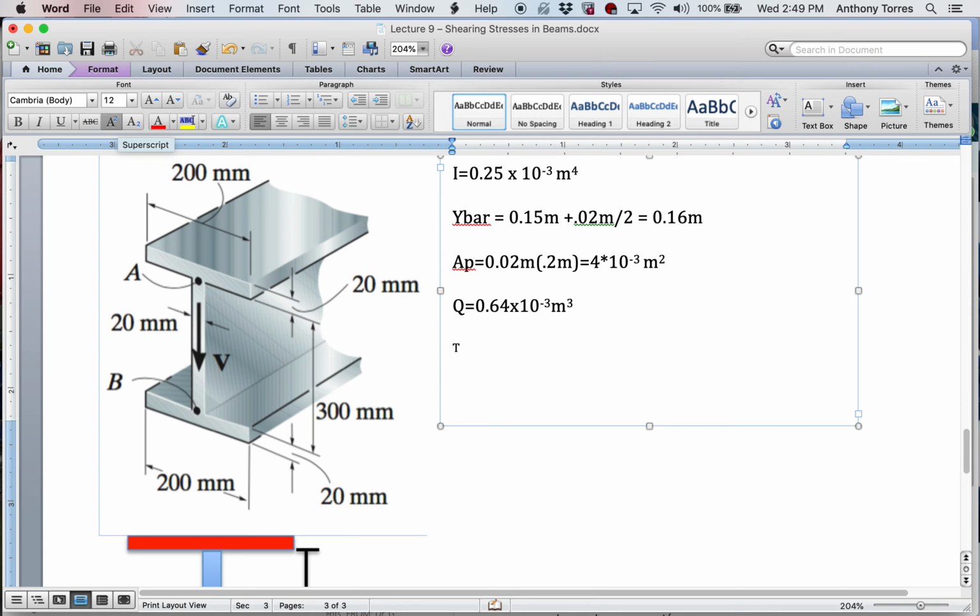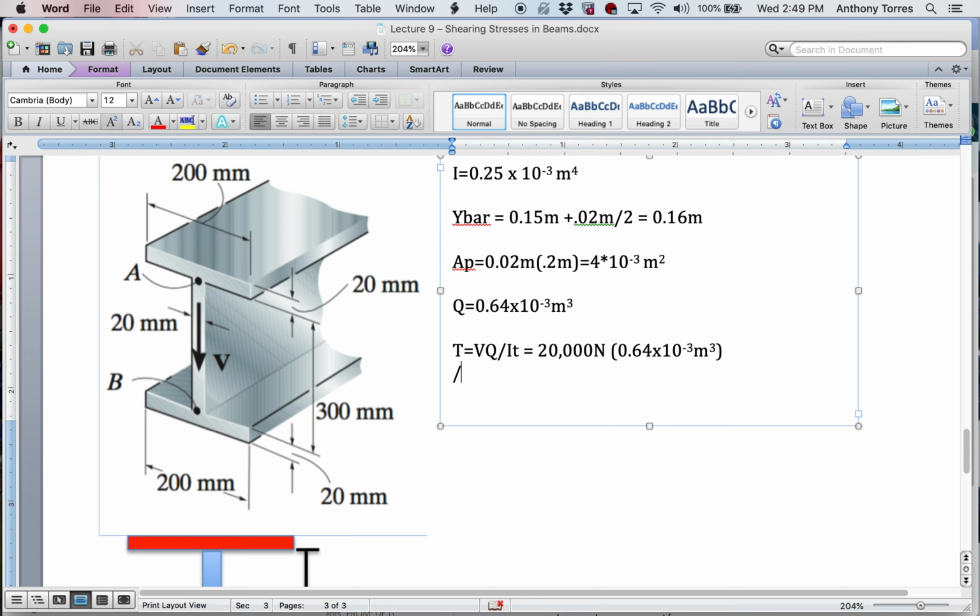Now I can multiply that all into the overall shear equation. Tau equals V Q over I t, and V was 20 kilonewtons, or 20,000 newtons, times the Q of 0.64 times 10 to the negative third meters to the third.